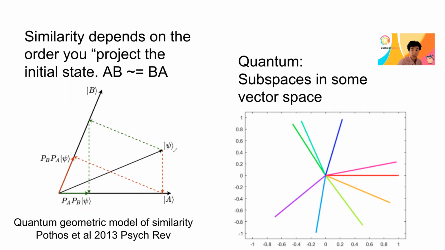Let's assume that your initial mind state or conscious state is here. You read it as psi, and this psi is first projected onto, let's say, green or maybe blue. I don't know. Then you first get this position, and then you project it to another subspace, which is, let's say, orange instead of A. Then the green-orange similarity depends on this vector.